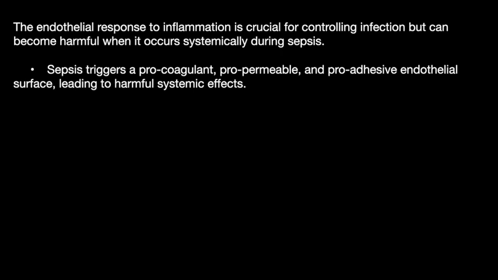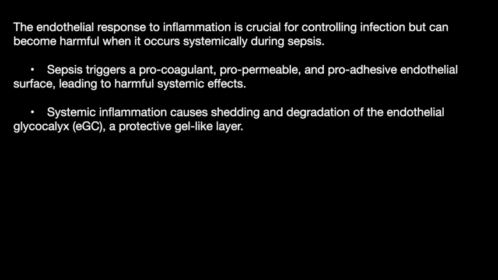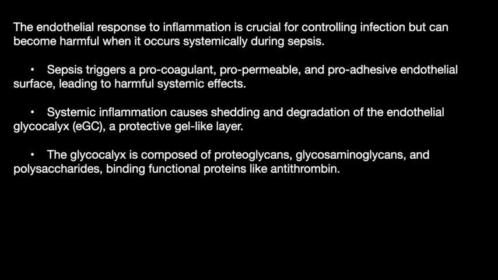The endothelial response to inflammation is crucial for controlling the infection, but can also become harmful when it occurs systemically. Sepsis triggers a procoagulant, propermeable, pro-adhesive endothelial surface, leading to extremely harmful systemic effects. The systemic inflammation causes shedding and degradation of the endothelial glycocalyx, which is a protective gel-like layer over the endothelium.